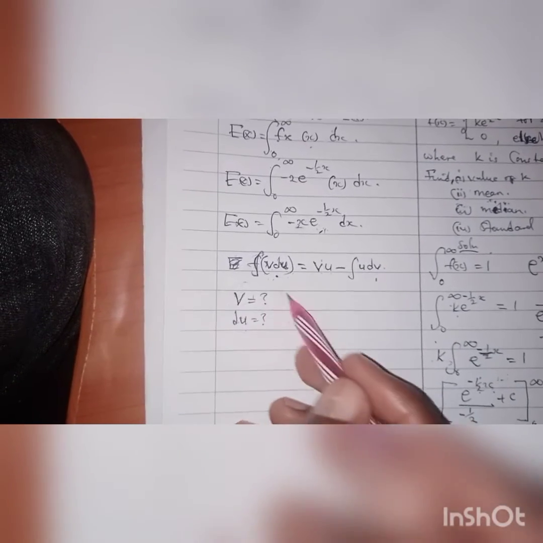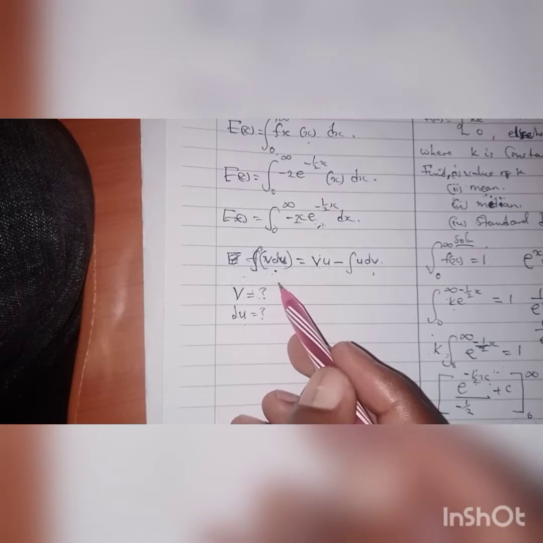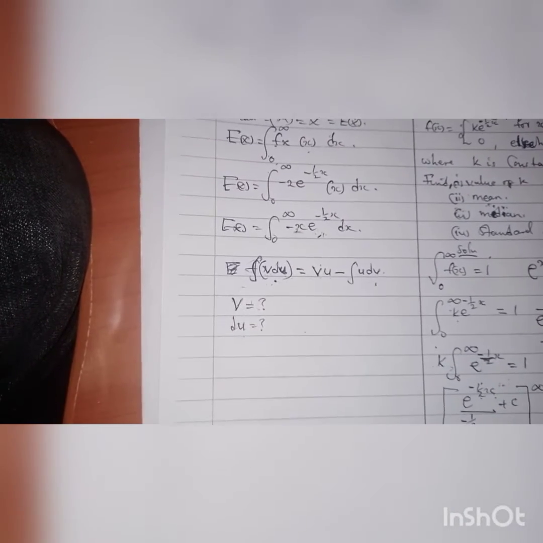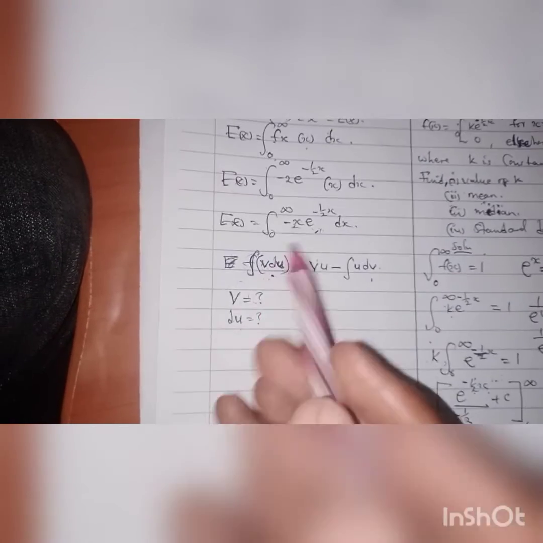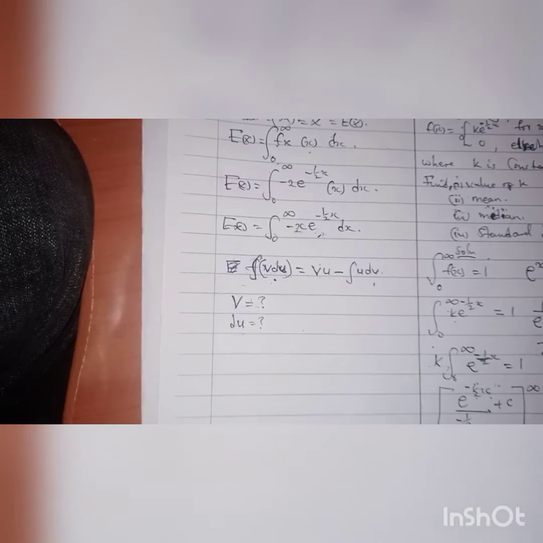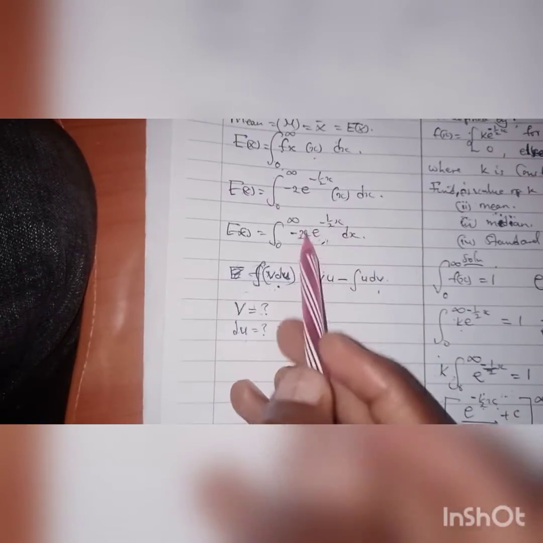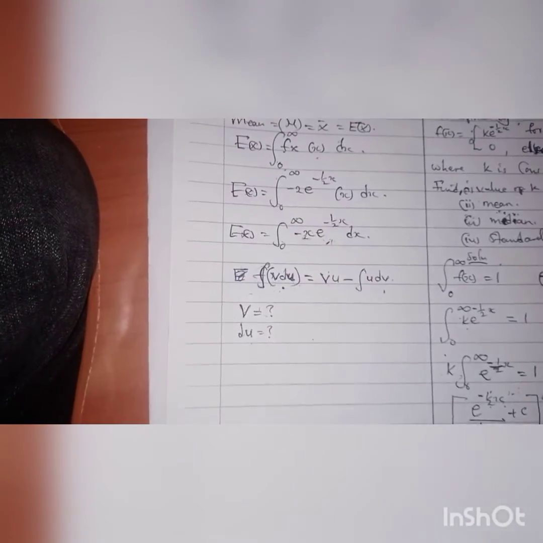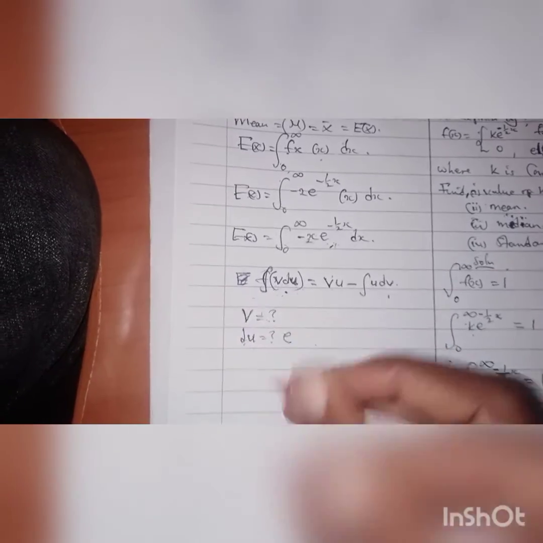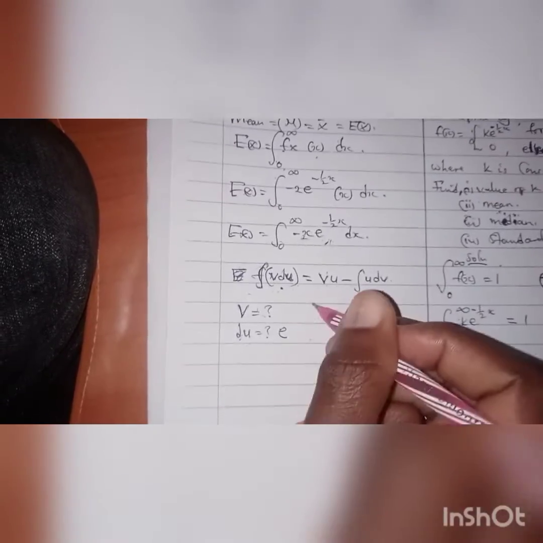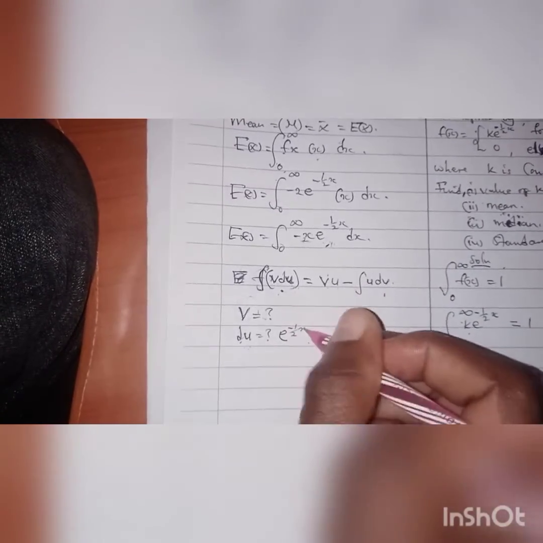You have to select a part which keeps on reducing when you differentiate it, until it is lost. And we see that the exponential is very difficult to get lost, so you substitute it to be du, so that you just integrate it, because even if you differentiate it, it will never get lost. We have to take one part to get lost.